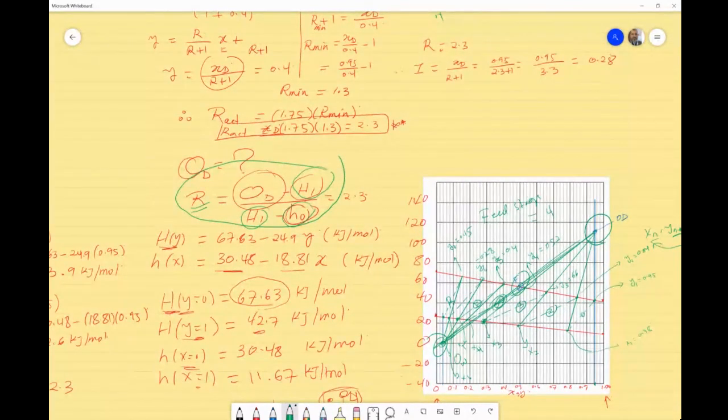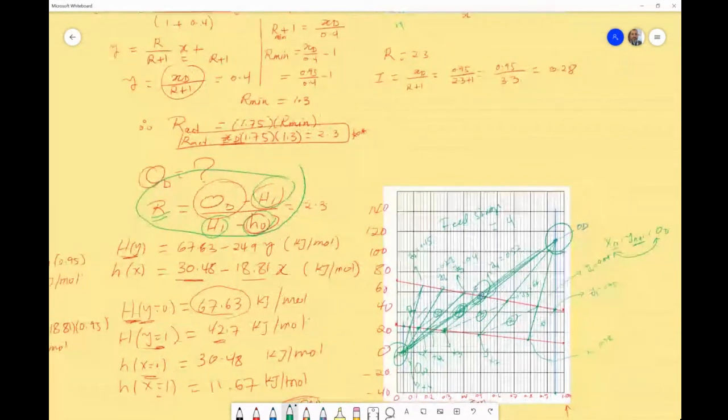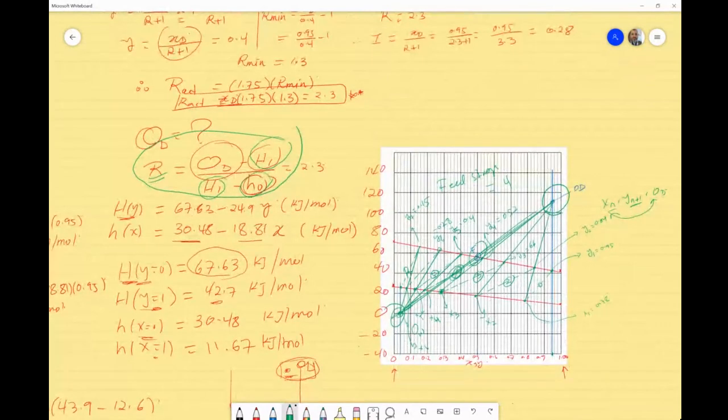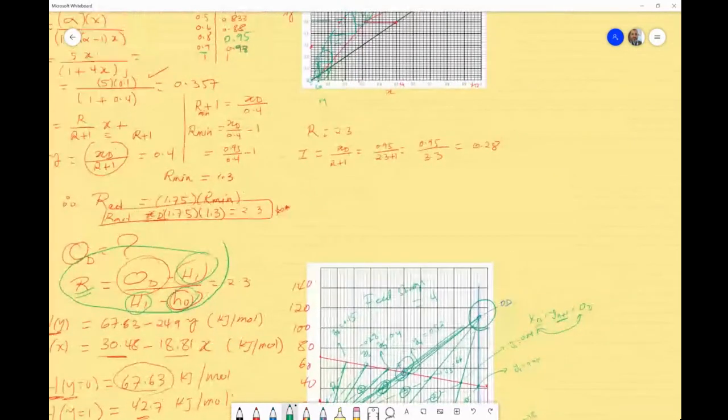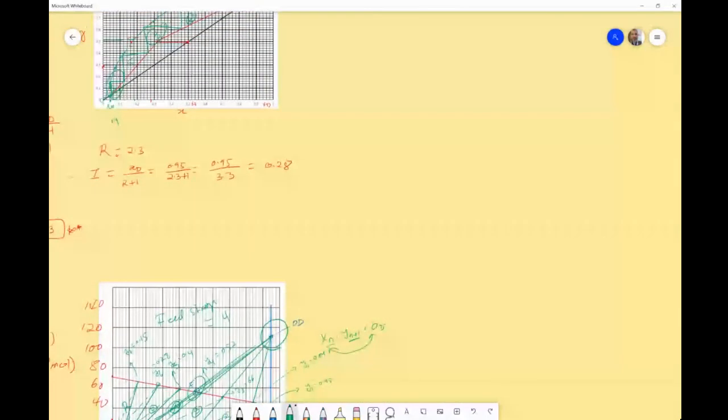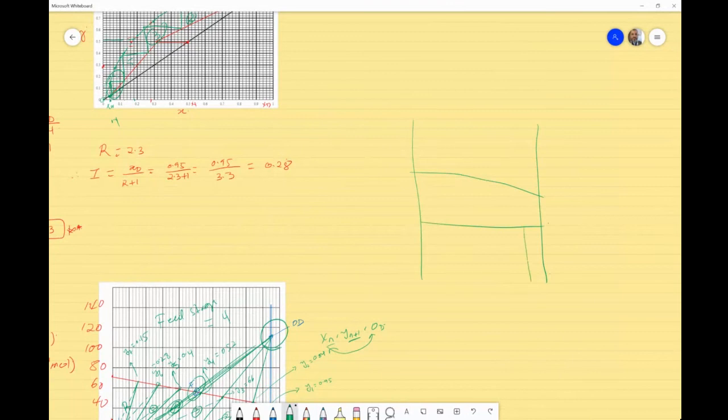But if you don't have an equation, and you have the data in a table, it's simple: you draw the data first, like in the previous example, and then you come to this XD. This will give you H0, because it is total reflux, of course.